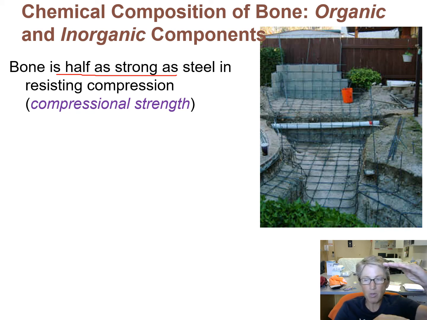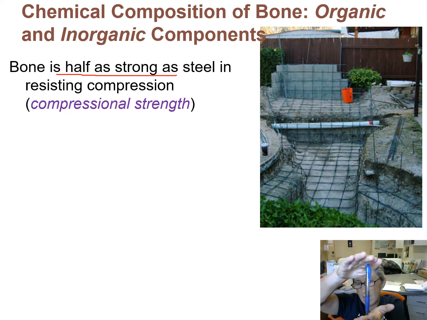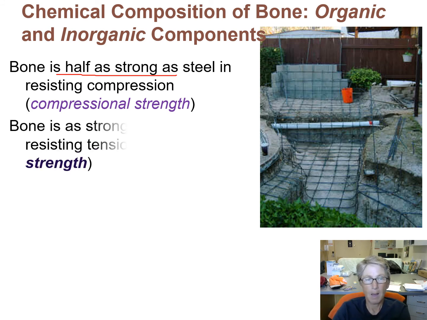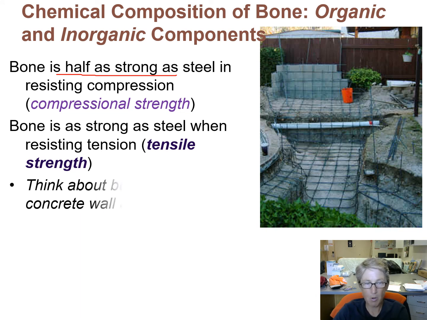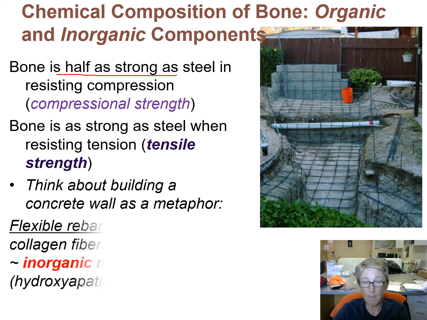So that compression would mean if this pen were a bone and I was trying to push down on it, that would be compressional strength because it would resist being compressed. Bone is as strong as steel when you're resisting tension. So if this pen were a bone and I was trying to pull it apart, that would represent the tensile strength of a bone. Think about building a concrete wall as a metaphor.